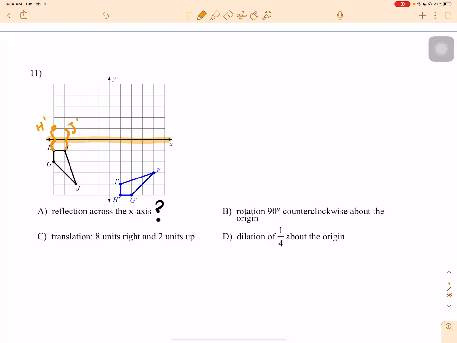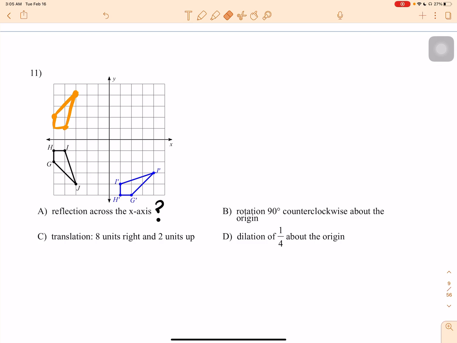J prime would be right here. So it would be like a direct reflection here. Let's see here. 1, 2, 3, 4. 1, 2, 3, 4. So this is what a reflection across the x-axis would look like.